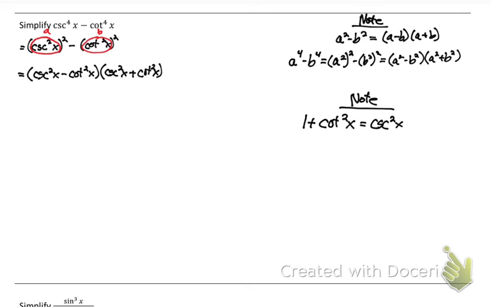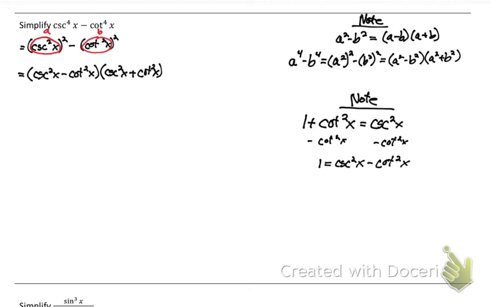Oh, what if I just subtract cotangent from both sides? If I subtract cotangent squared x from both sides, I will now have 1 equals cosecant squared x minus cotangent squared x.